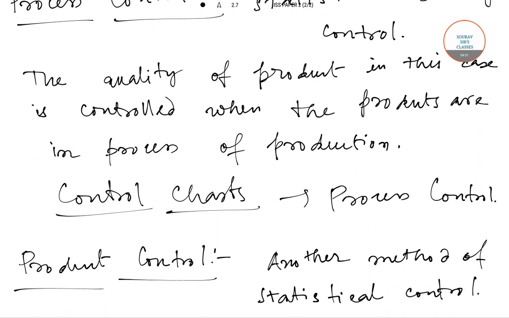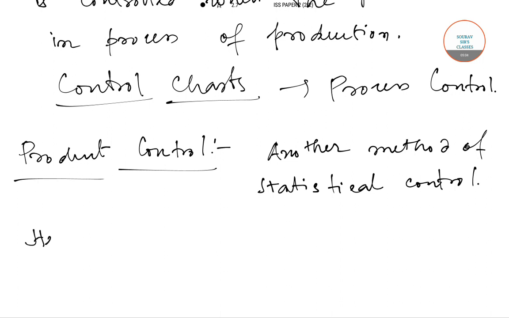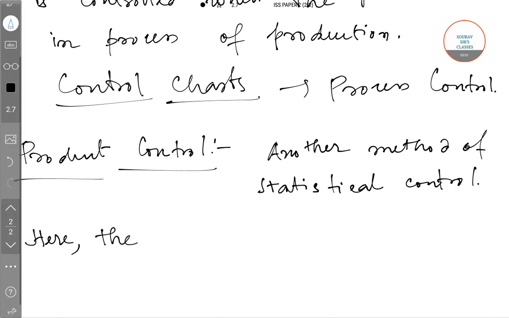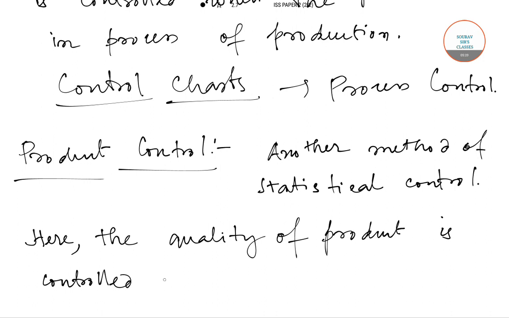First, you need to know that in this statistical quality control, the quality of the product is controlled while the product is ready to dispatch or sell to the customer. So here the quality of product is controlled while it is ready to dispatch for the customer.